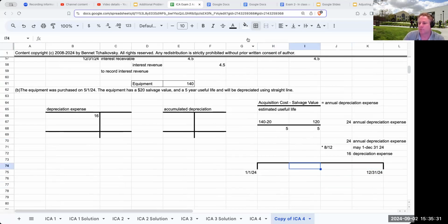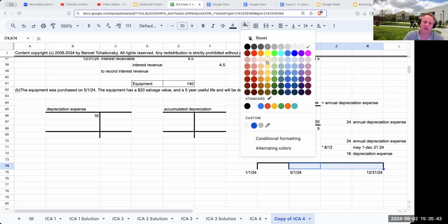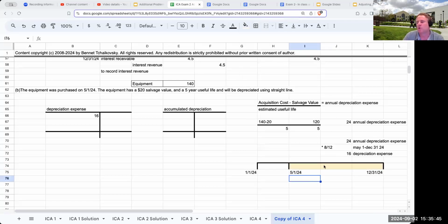But I purchased this equipment on May 1st. Therefore, when I'm doing depreciation, I can only depreciate it over the time I've used it for, or a total of 8 months. And that's why we're multiplying this by 8/12. So I'm debiting depreciation expense and I'm crediting accumulated depreciation.